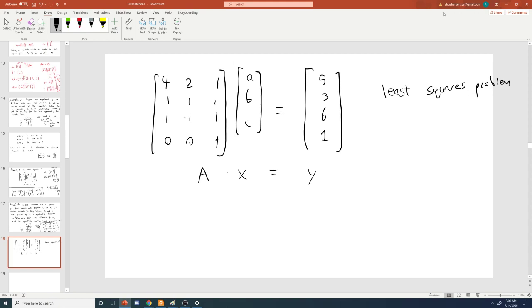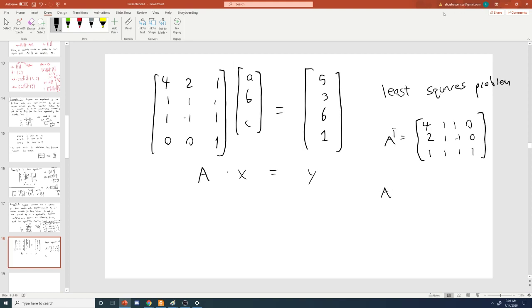So the first thing I'm going to note is that A transpose is equal to the matrix 4, 1, 1, 0, 2, 1, negative 1, 0, 1, 1, 1, 1.